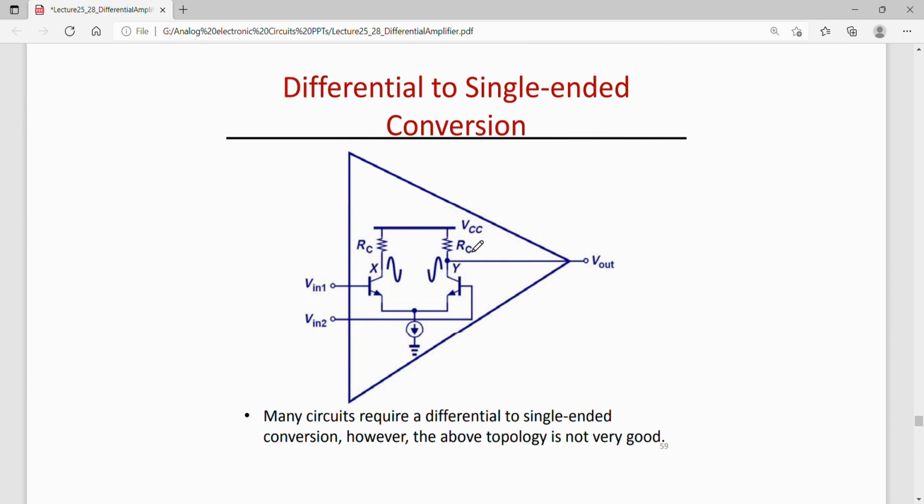Now in some applications, one would like to have a single-ended output. So one would also like to have a conversion from differential output to single-ended output.